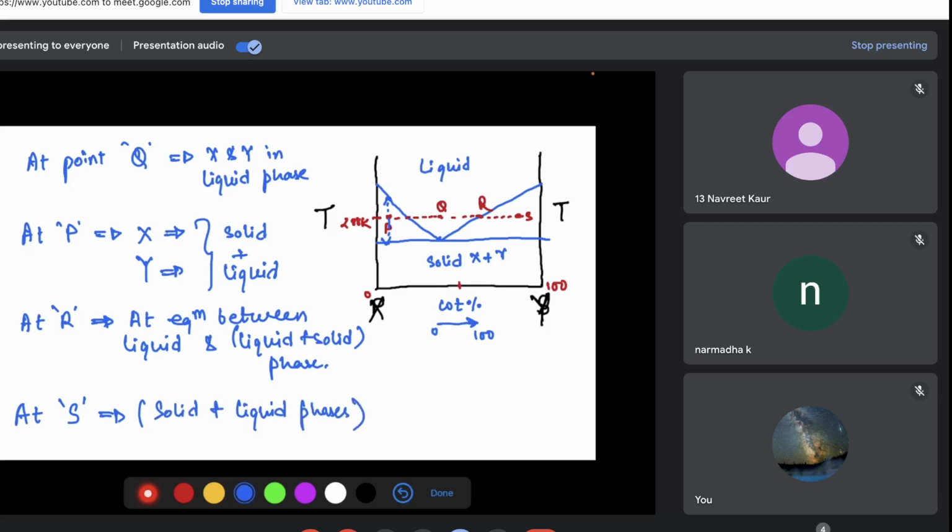In the given problem, we are given the option that at S the system has more solid than liquid. Maybe it is true. We cannot specifically say, but it is in a liquid and solid phase.